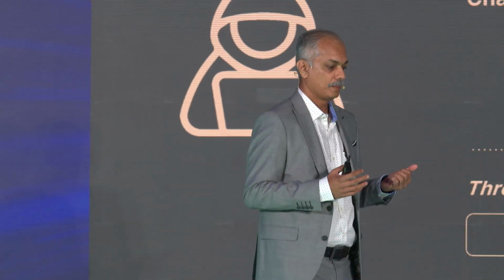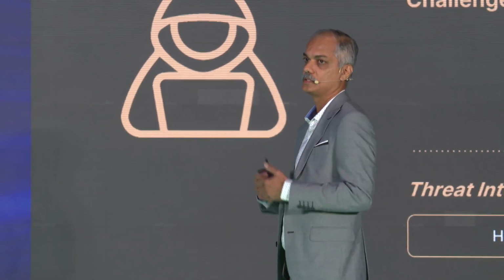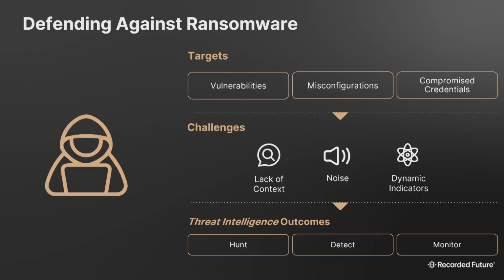So if you move on to the next one, which again, as I said, is evident everywhere. Everybody knows about this. But the point is, you already have tools today for looking at signatures, looking at ransomware, right? But what we are saying here is that threat intelligence also complements whatever solutions you have.